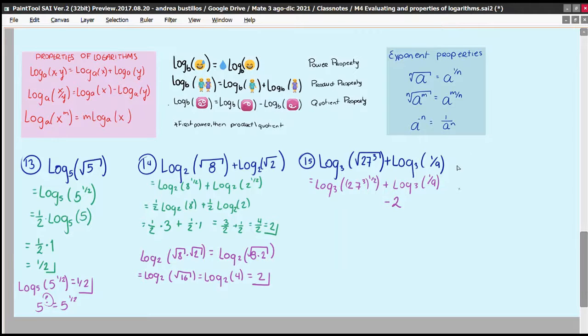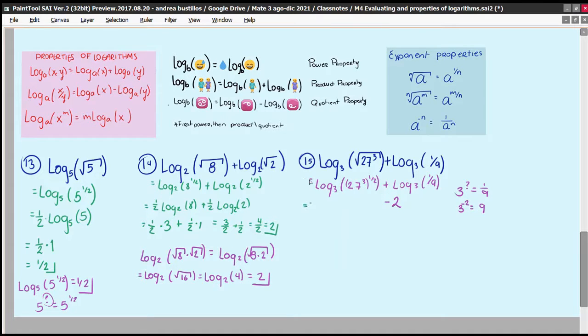Why? Because remember, 3 to what power gives you 1/9? You can do this by steps, by first knowing that 3 to the power of 2 gives you 9, but because you want a fractionary or reciprocal result, your exponent has to be negative. So this logarithm can be switched by its numerical value. Now, in this other term, let's apply the power rule, meaning I'm going to remove the powers inside the argument and put them as numbers multiplying the logarithms.